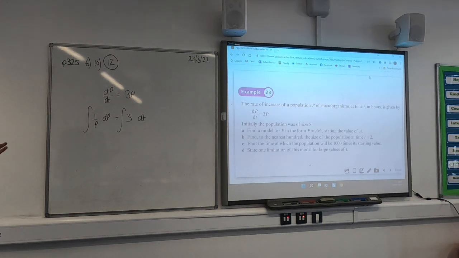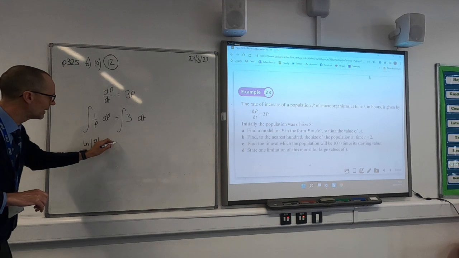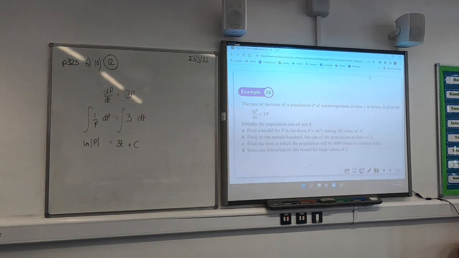So I'm now ready to integrate both sides. I've still used separating variables, even though actually there are no t's to be seen. This is going to give me the ln of p, and this is going to give me 3t plus a constant.